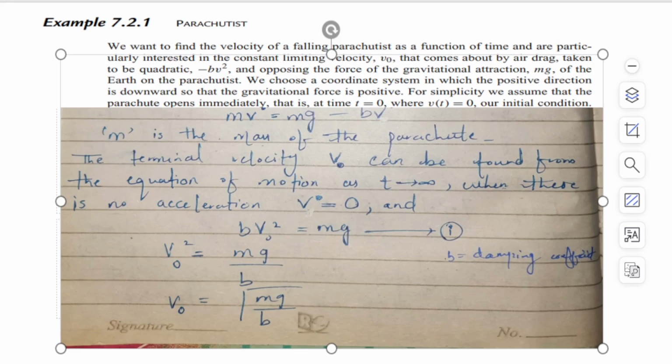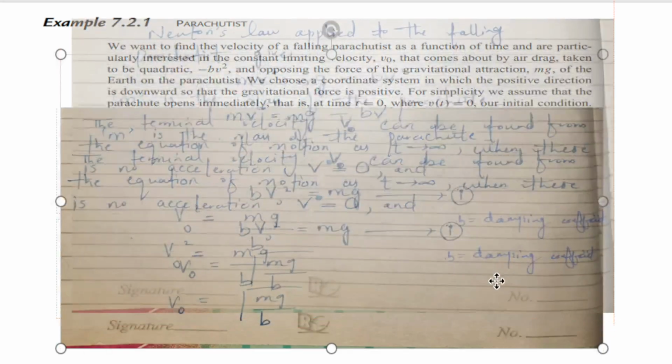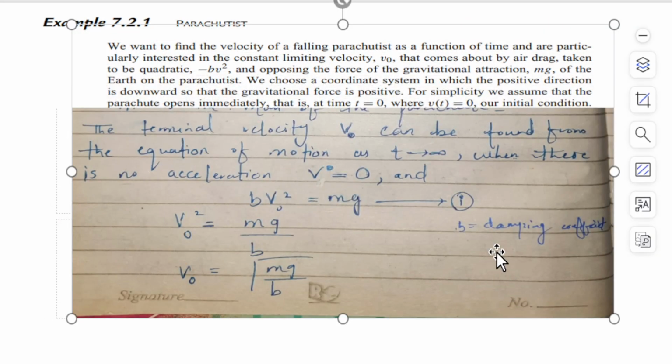Here, what is b? It is the damping coefficient. Damping means the system loses its energy with motion.